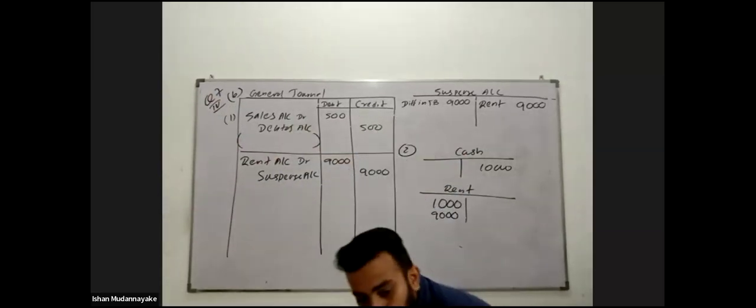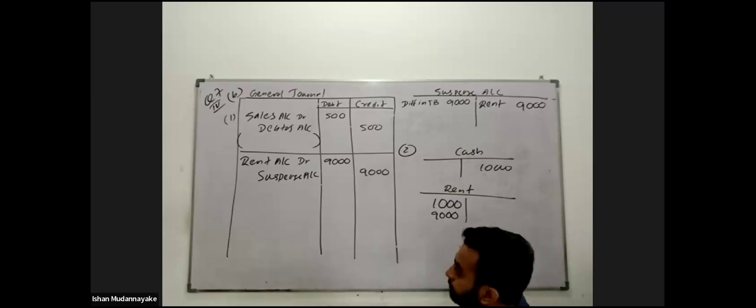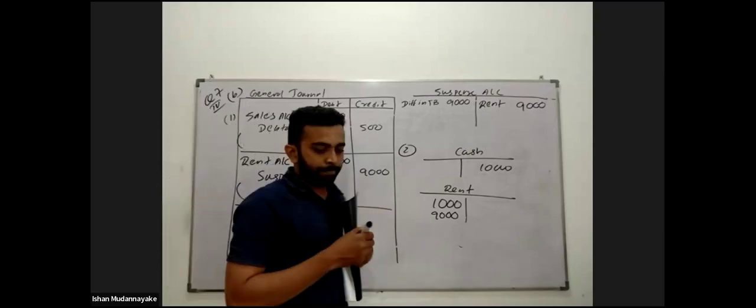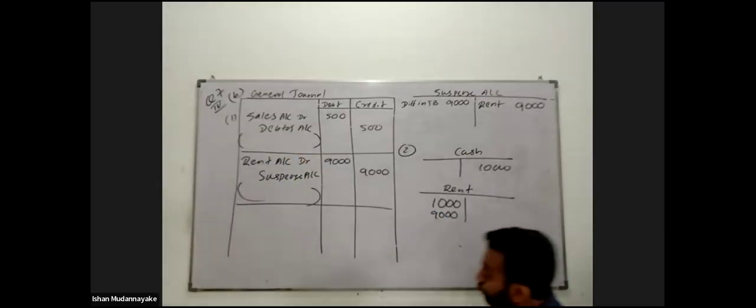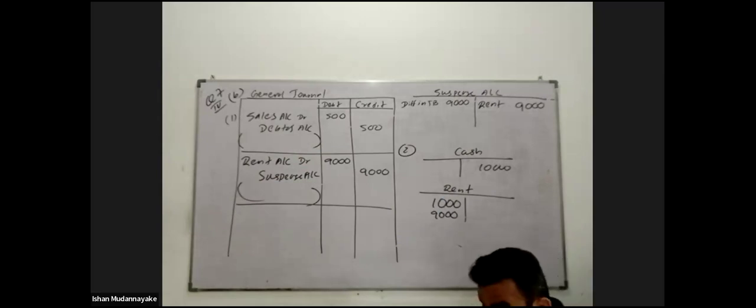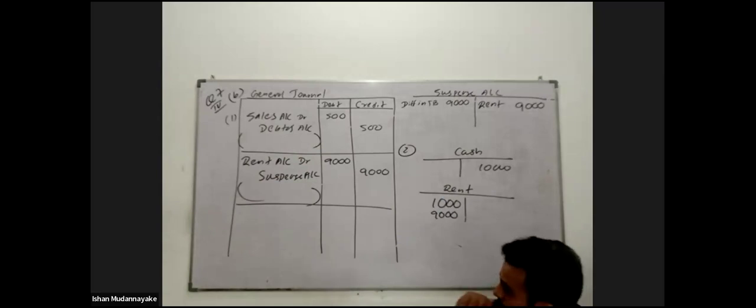Right. Then how to write the narration? You need to mention the narration here. Narration: Correction of recording. Rent payment of 10,000 as 1,000 in rent account.